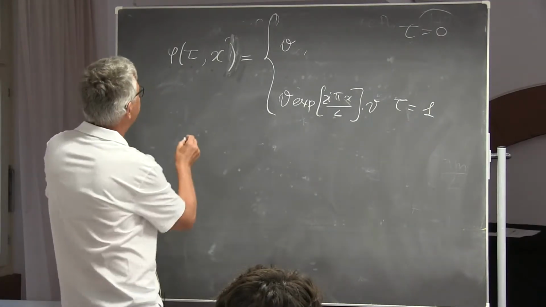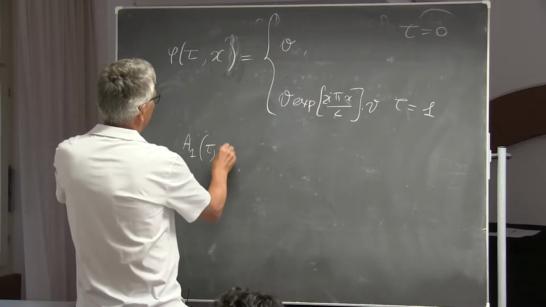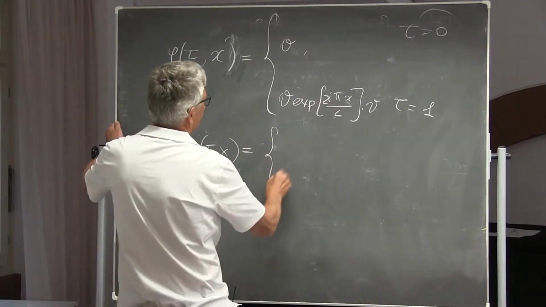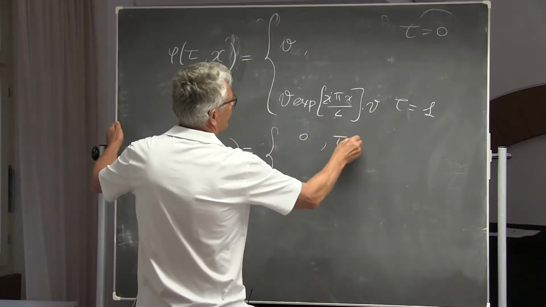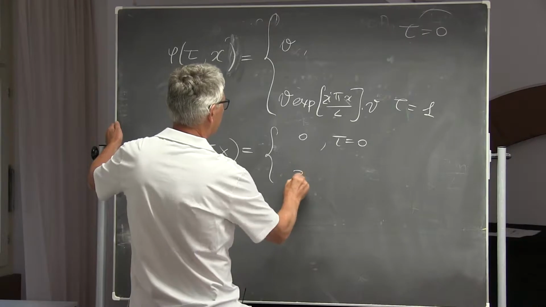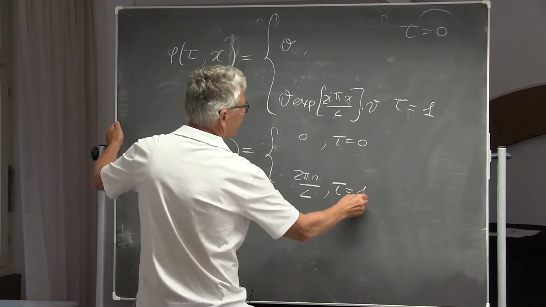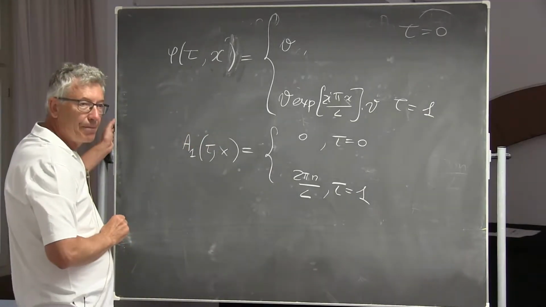Okay? And we also have A1, which is a function of tau and x, which is equal to 0 when tau is equal to 0, and which is equal to 2 pi n over L if tau is equal to 1. Okay?